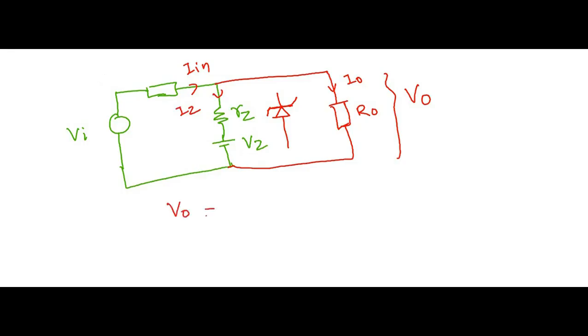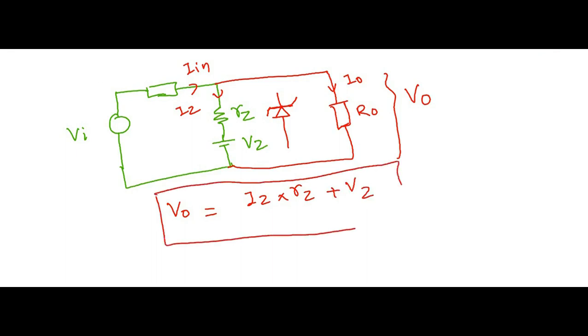V naught is IZ into RZ, the current flowing through the Zener diode times the dynamic resistance of the Zener diode, plus VZ. This is the final equation for your output: V naught equals IZ into RZ plus VZ. So the output voltage not only depends on the Zener voltage, but also on the dynamic resistance and the current flowing through it.